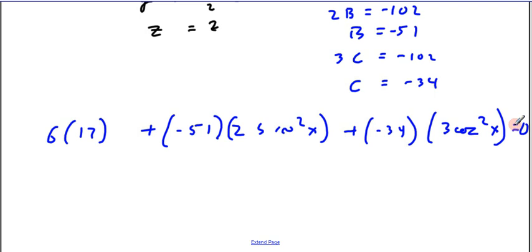Okay, we're going to do number 8. Use the Wronskian to prove that the given functions are linearly independent.